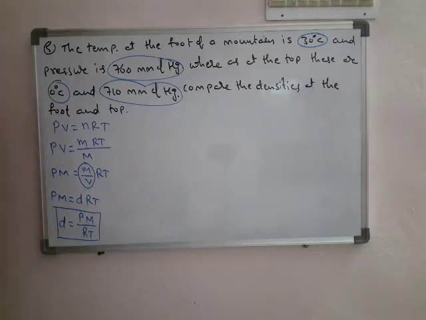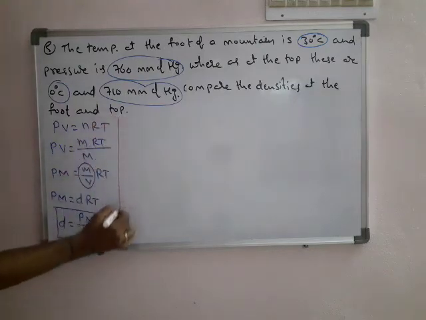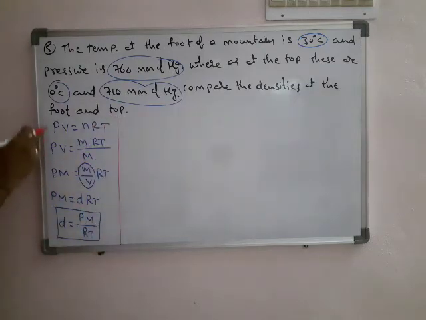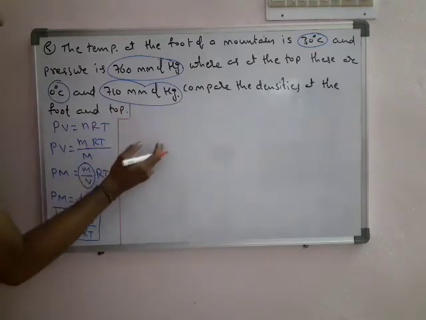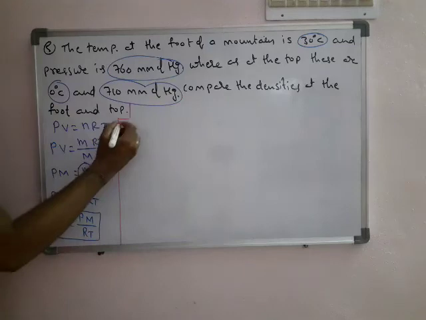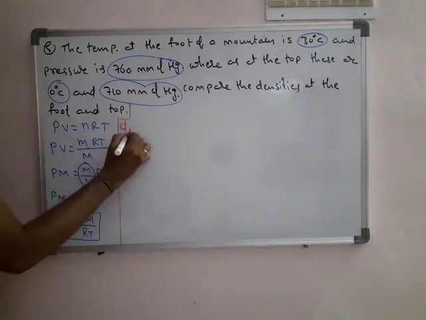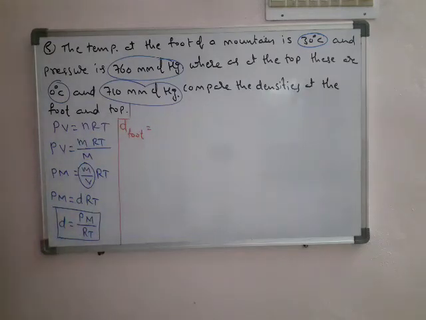Now we take at the foot, and afterwards we take at the top. So density at the foot is equal to what?